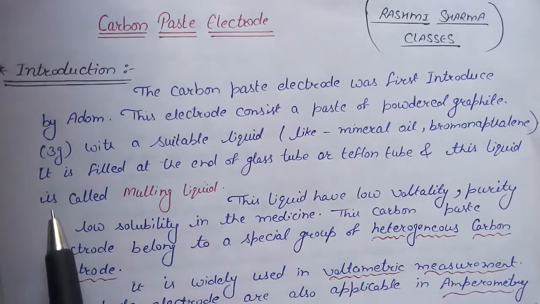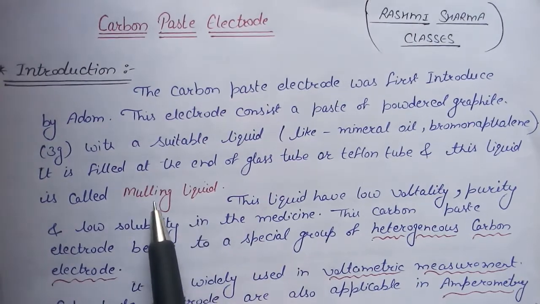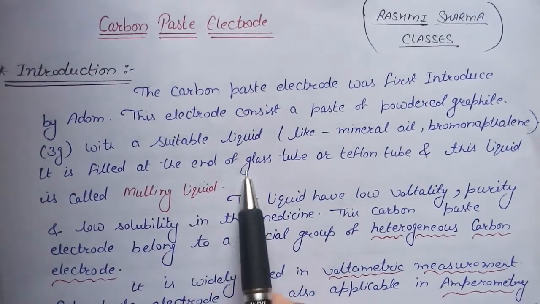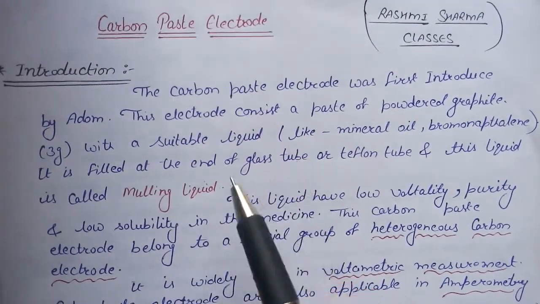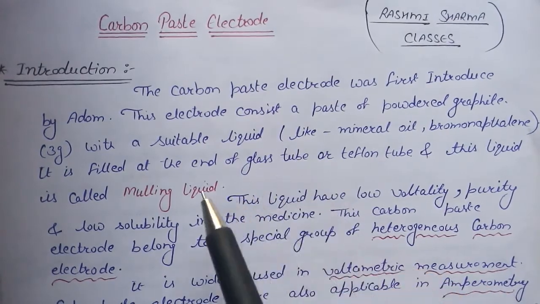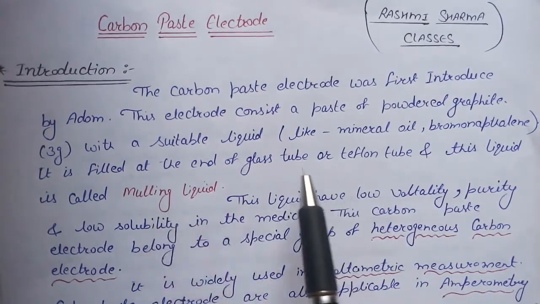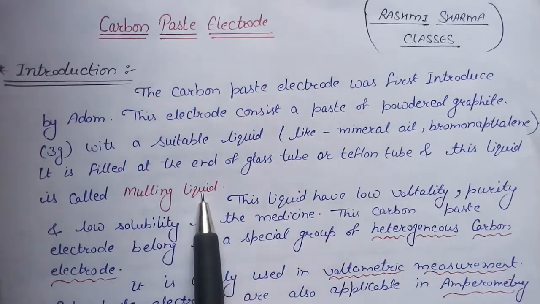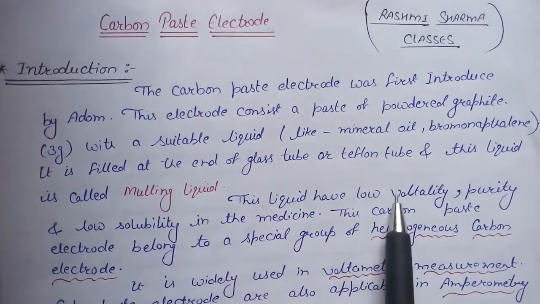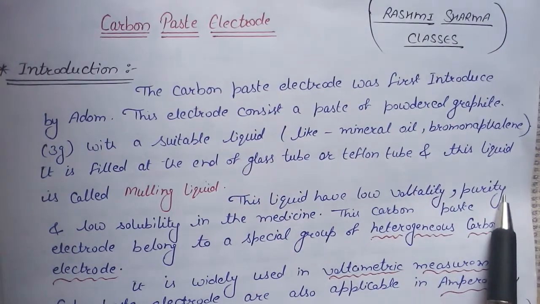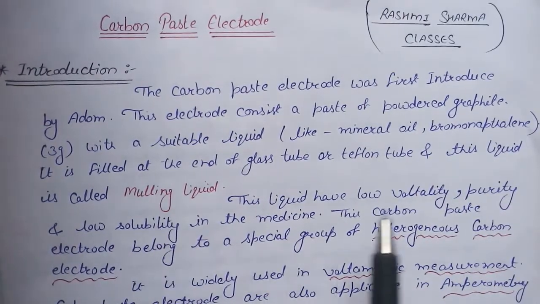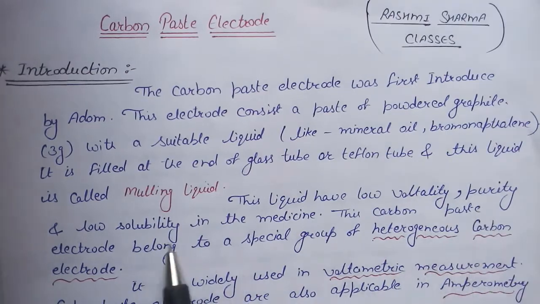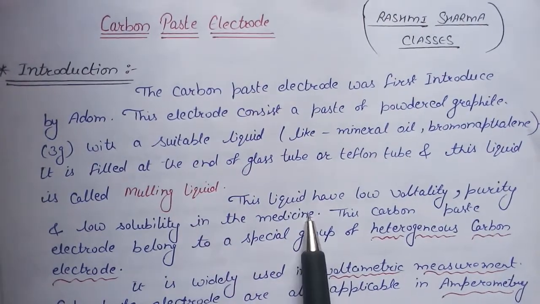This liquid is called Mulling liquid. Generally, a question is asked: what is a Mulling liquid? You can say the liquid which is used with graphite powder is called Mulling liquid. This liquid has low volatility, high purity and low solubility in the medium.